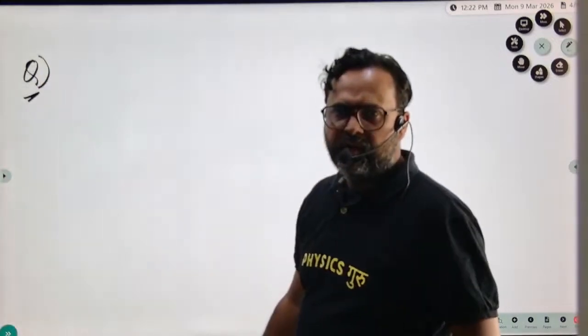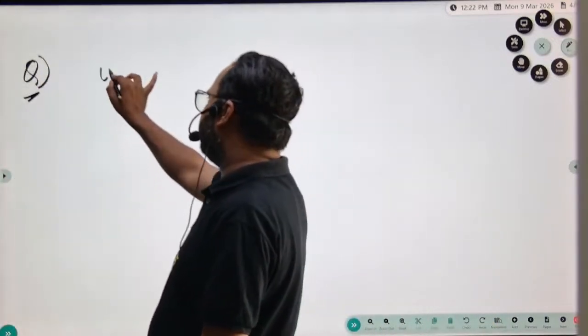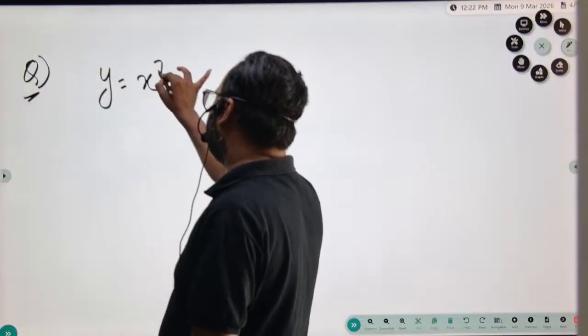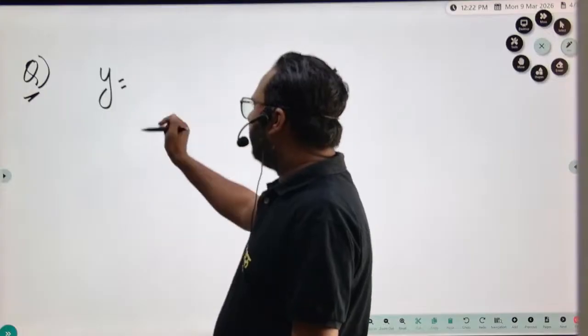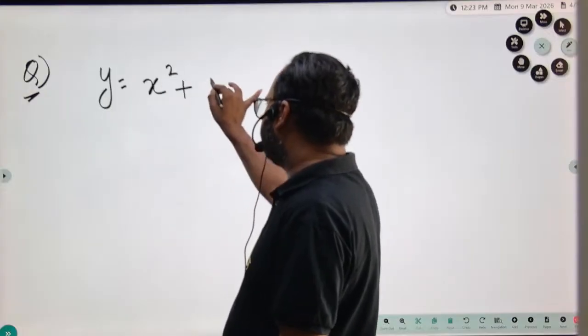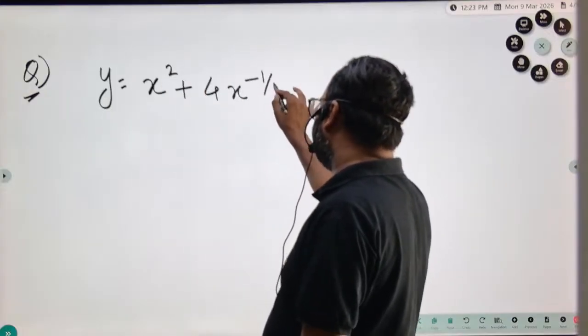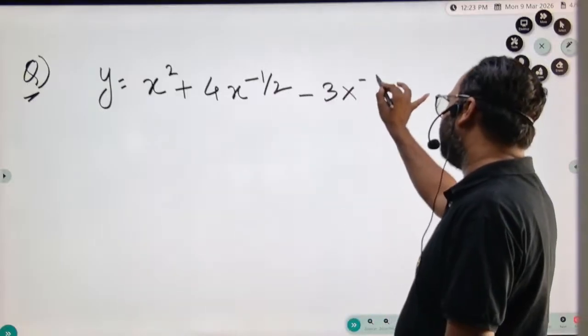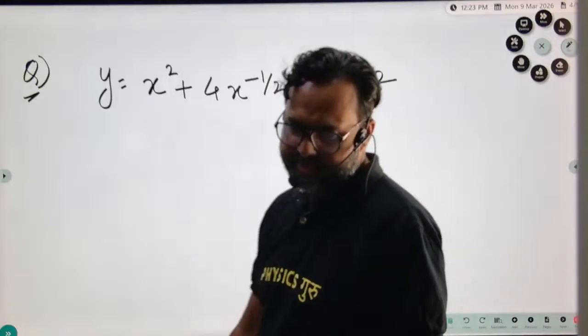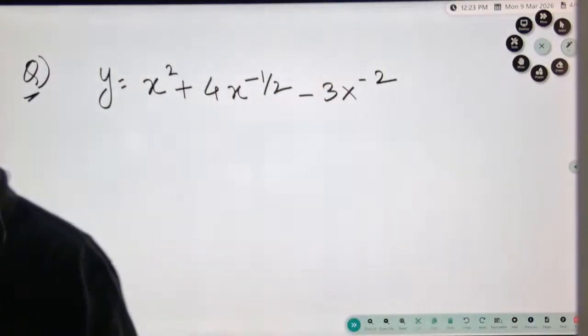Next one. Find dy by dx when y is given as x raised to the power 7, x square plus 4 x raised to the power minus half, minus 3 x raised to the power minus 2.